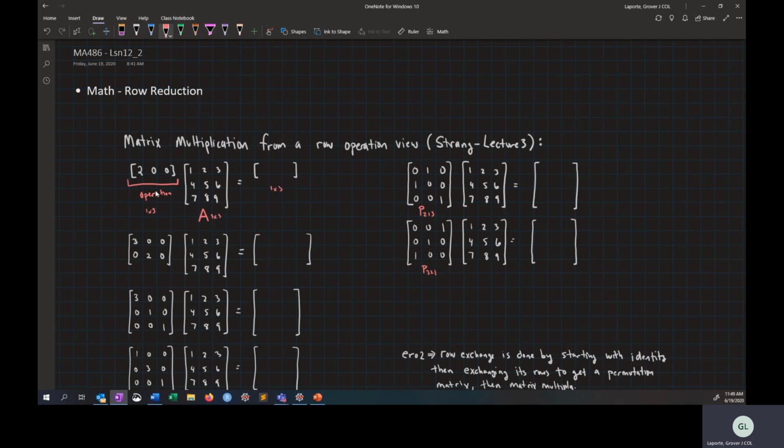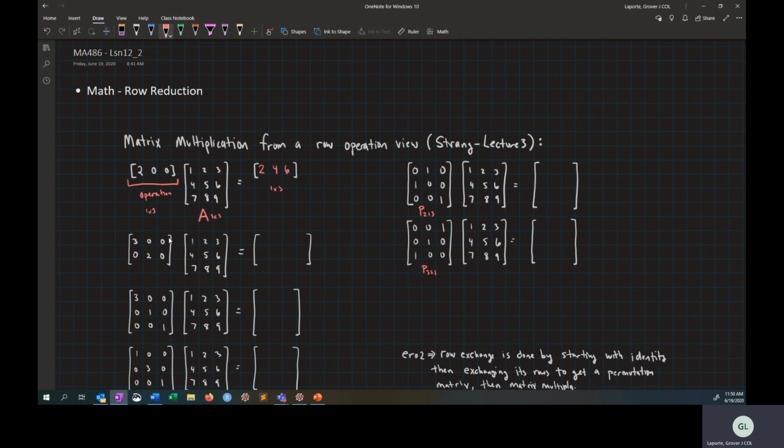So let's take this row and multiply by this column, and we get a 2 there. When you take this row and multiply by this column, we get a 4. And when we take the same row by this next column, we get a 6. So all we just did was take the matrix A and multiply the first row by 2 to get the one row that comes out of it.